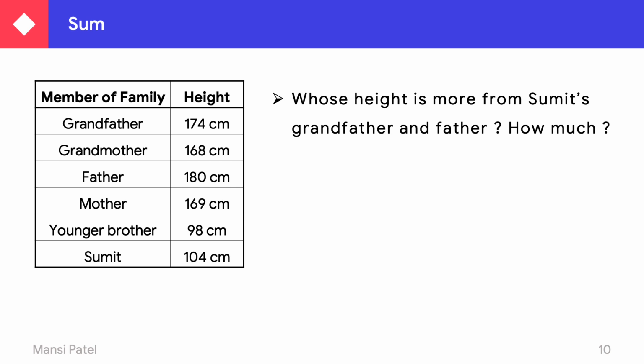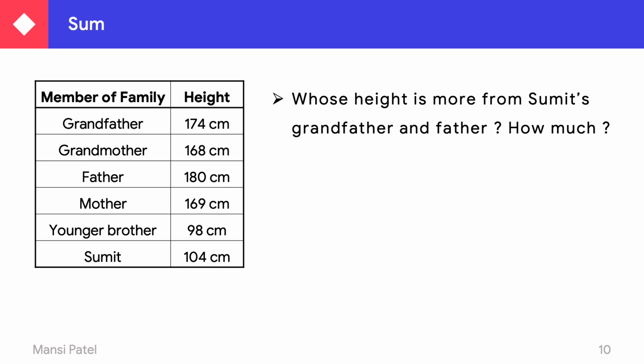So we see here the grandfather's height is 174 centimeter and the father's height is 180 centimeter. So whose height is tallest? So we can say father's height. But in the question also they are asking by how much. How much means we have to write down the answer in number.